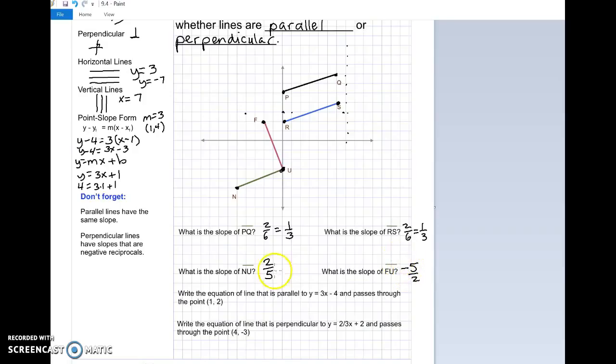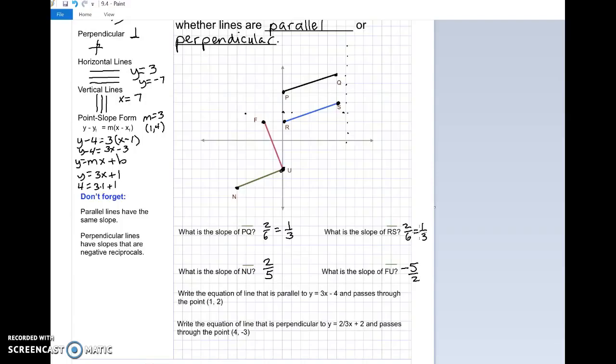A reciprocal is when you multiply a number times its reciprocal, you always get 1. And if we multiplied 2/5 times 5/2, we'd get 10/10, which is 1. But there's one other thing that you should have noticed besides just the fact that they're reciprocals. What is it? Well, it's that one is a positive number and one is a negative number. So here's the thing that you need to know about perpendicular lines.